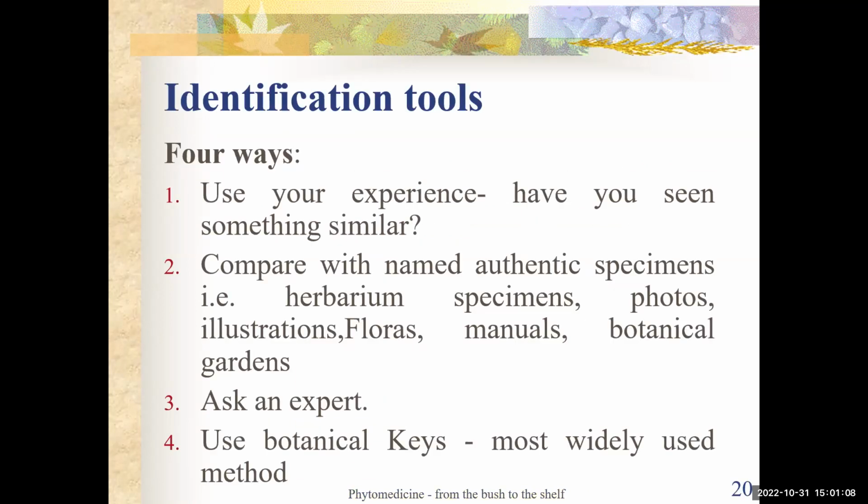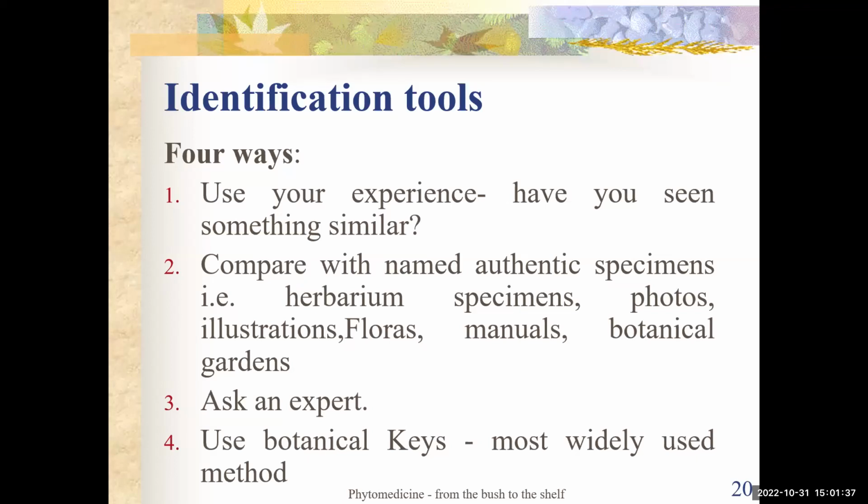Now, you may know that plant. Maybe you've seen it before, so you can use your own experience to give the name of the plant, okay? But supposing you've never seen it. Maybe you've come to Kenya this time and you're seeing plants you've never met before. So how will you know how to identify them?